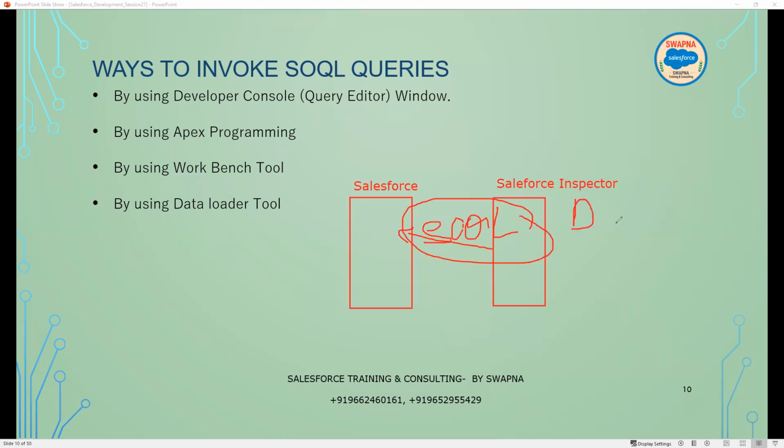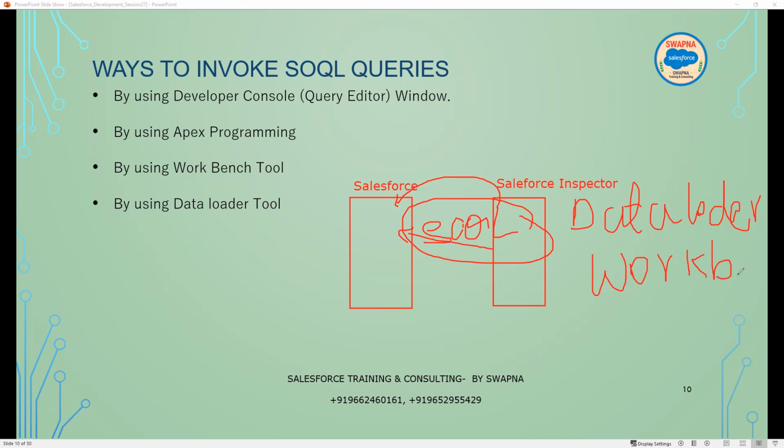Now the Data Loader is a local system connected to Salesforce. Once it is connected, if the Data Loader wants to retrieve data from Salesforce, it needs to use SOQL. Workbench is another tool, another application.